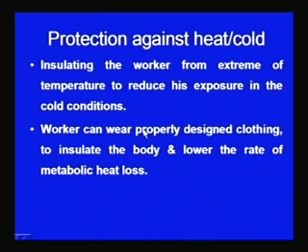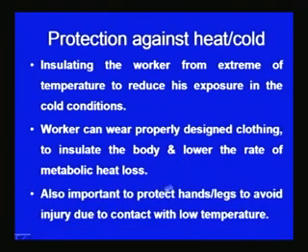So, whatever heat is generated by the metabolism process is conserved and retained within the enclosures used by the worker, in the form of clothing. The workers can wear properly designed clothing to insulate the body and lower the metabolic heat loss. So, the metabolic heat is basically used to maintain the body temperature under cold conditions by using specially designed clothing, which will help to reduce the heat losses to the environment.